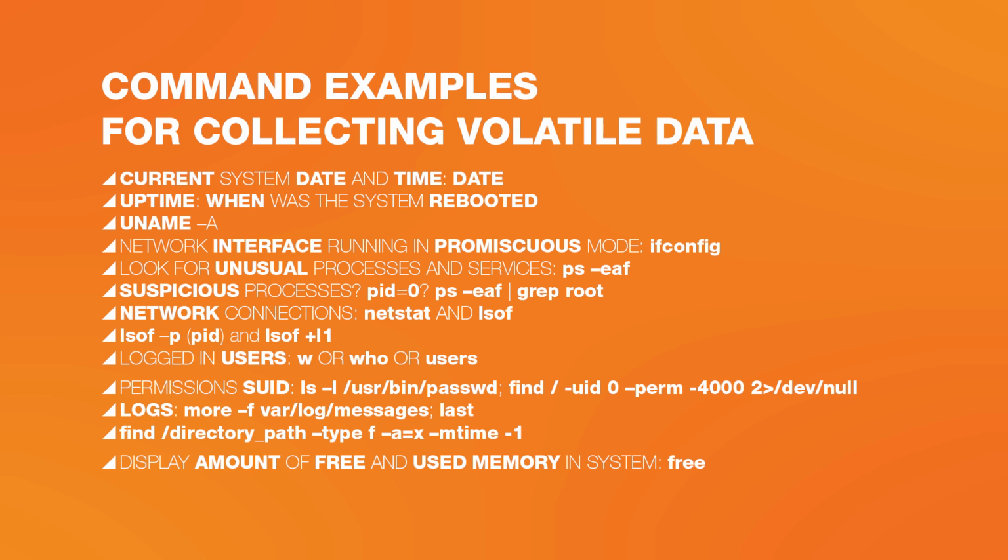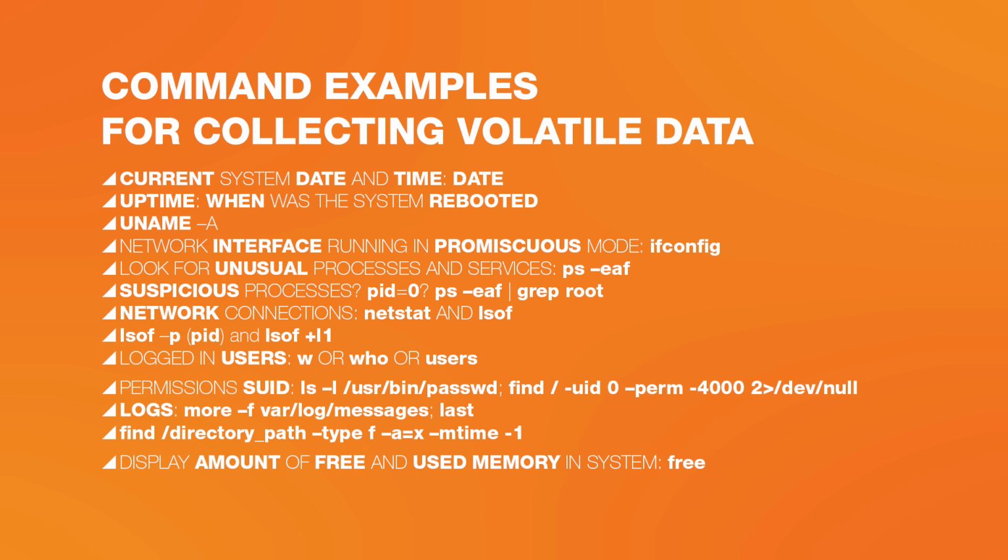Here are the other commands that will provide you useful information about the system live information. For example, date shows current system date time. Uptime shows when the system was rebooted. Uname will display system information.